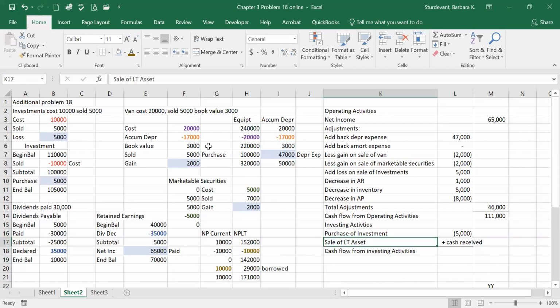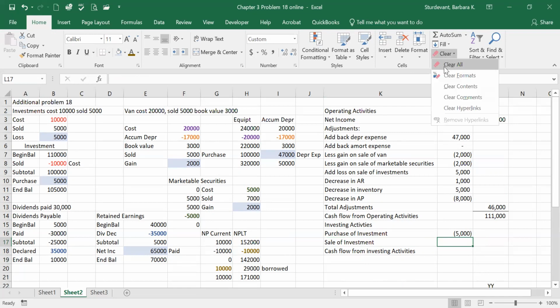Okay, we also sold an investment. But this has to be cash received. How much cash did I receive when I sold that investment?